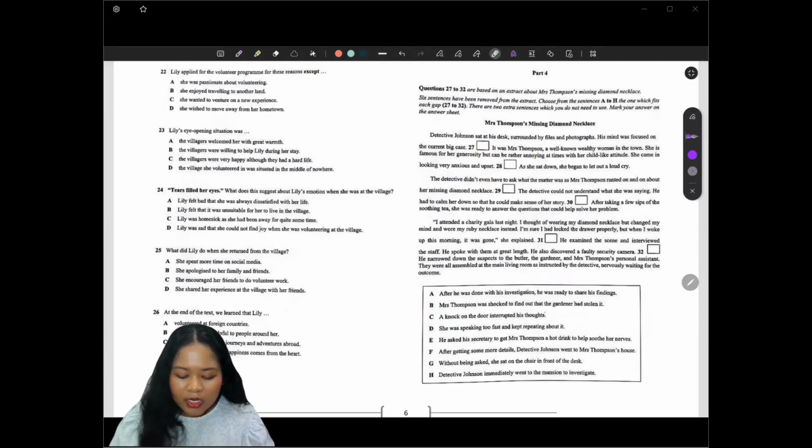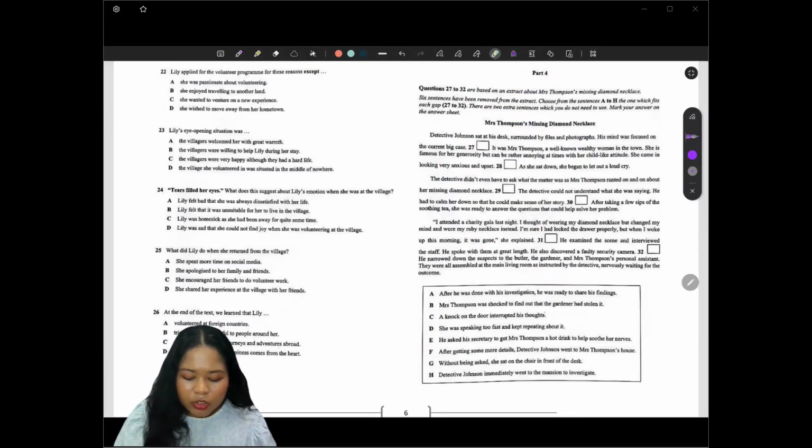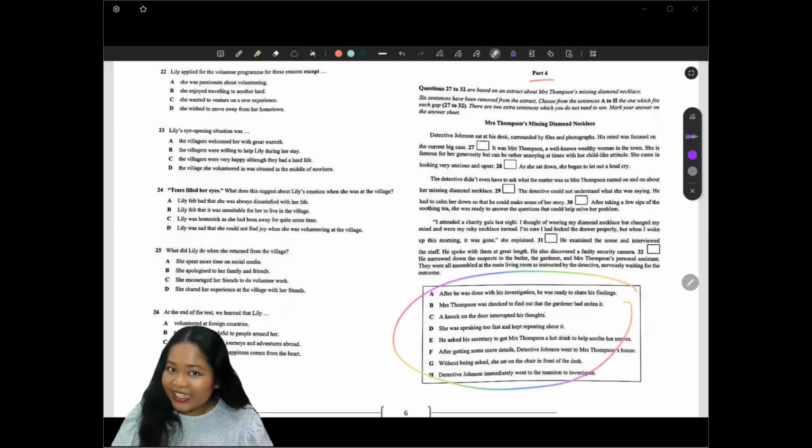We've got tricks. For part number four, questions 27 to 32, it will be based on this. Now, my advice is what I would do. Again, these are my personal tips. I'm not really sure about other teachers, but for me, this is what I usually do. For part number four, I will read the answers first. Yes, I know.